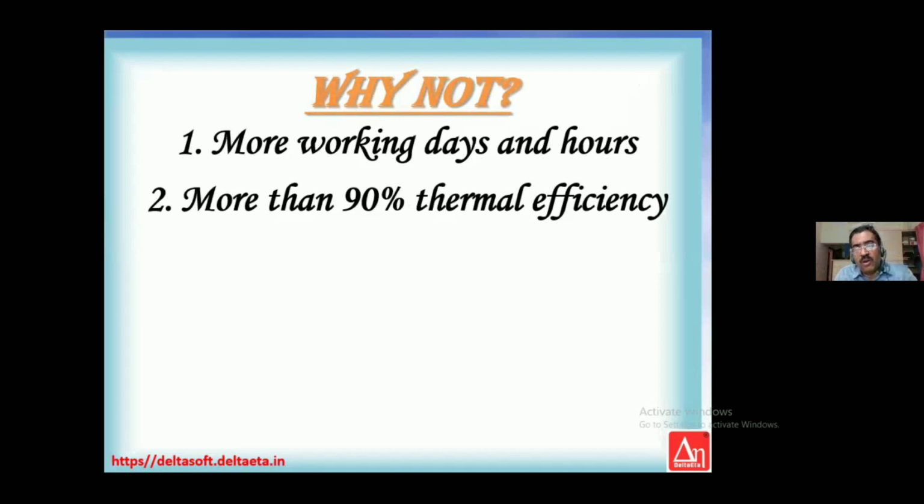Why not go beyond 90% thermal efficiency? Efficiency should be inching towards 1 unit. Instead, you are happy with 90%. Why not increase the thermal efficiency to more than 90%? Make your system more efficient so that you have lesser losses and your heat is used to paint the system, to cure the materials faster.